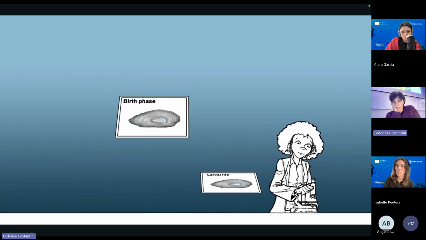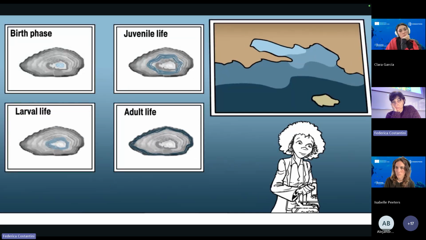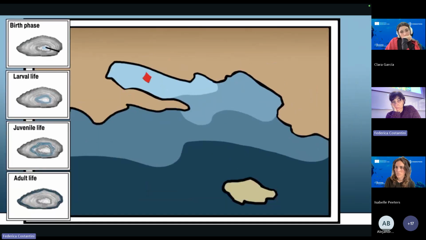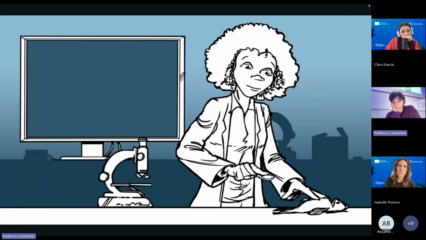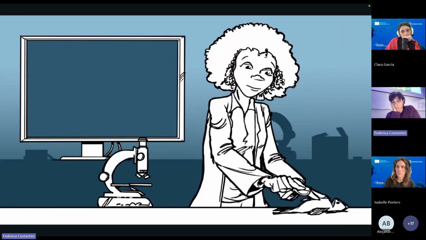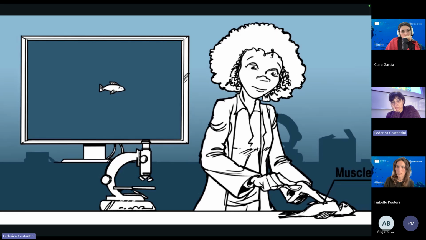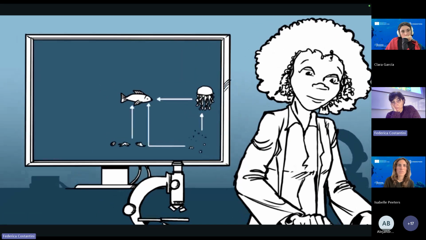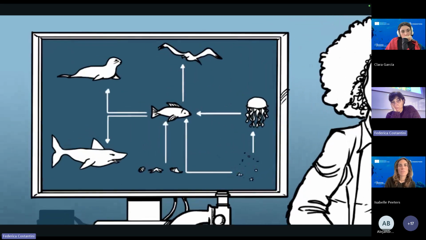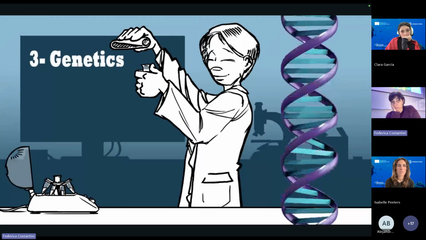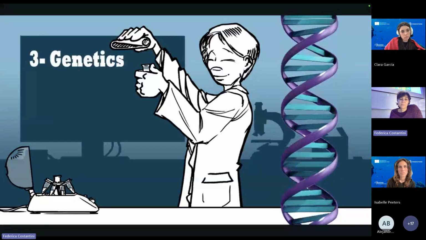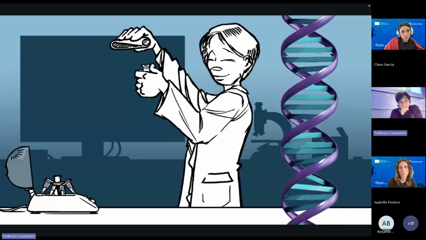The chemical compositions of these rings reflect the past environmental conditions, which can retrace individual movements at different ages. We can also exploit chemical markers in soft tissues to explore species diets and quantify energy and matter transfers within and between habitats.